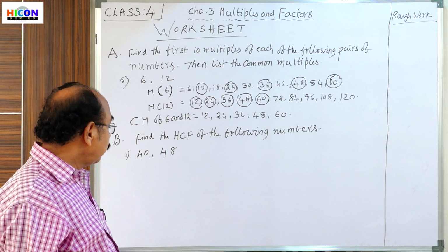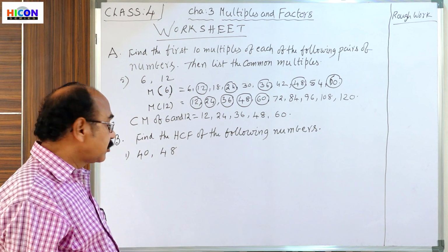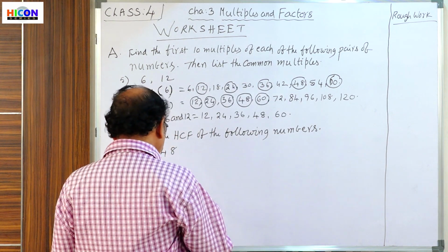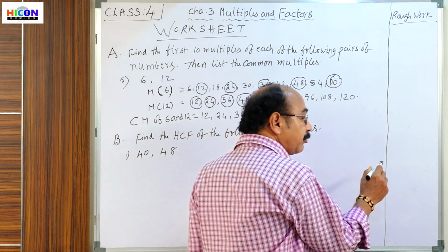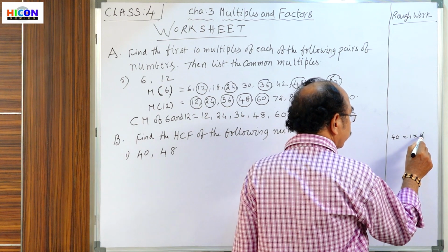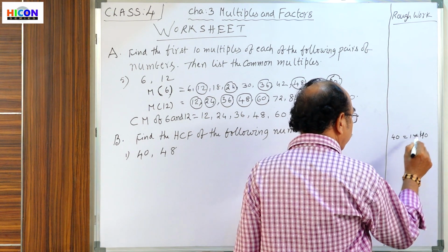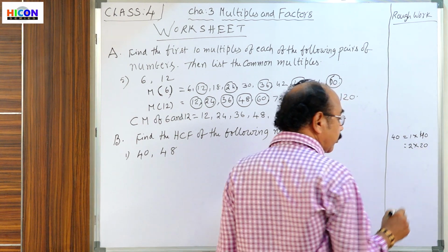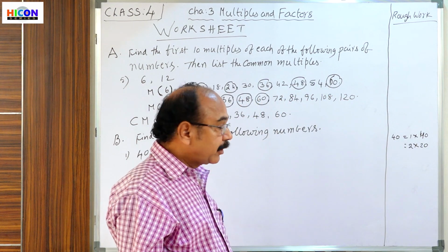Write the factors of 40. What are the factors of 40 here? See children, in the margin we write 40. 1 forties are 40. Next, take the 2 table. 2 twenties are 40. We are writing the factors.